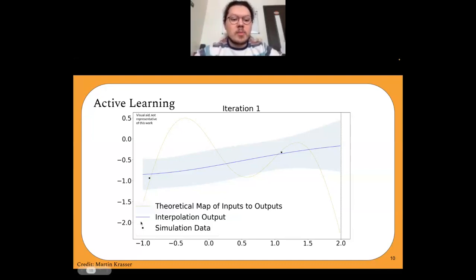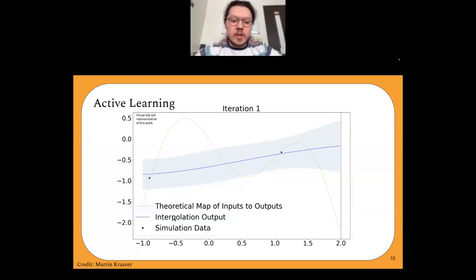If we imagine that our 36 initial simulations are these black X's, the simulation data, then as in the previous slide, we know the behavior at these black X's, and we're trying to model this theoretical map of inputs to outputs represented by this yellow-green line, which of course in reality and in research we don't know. This is what we're trying to figure out.